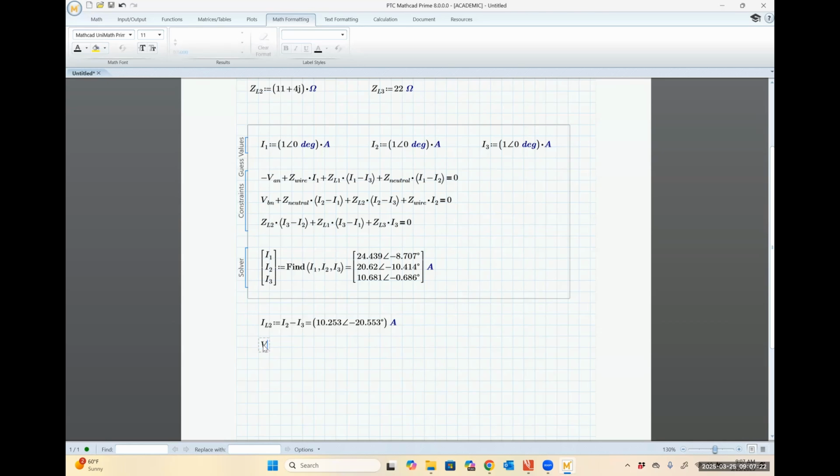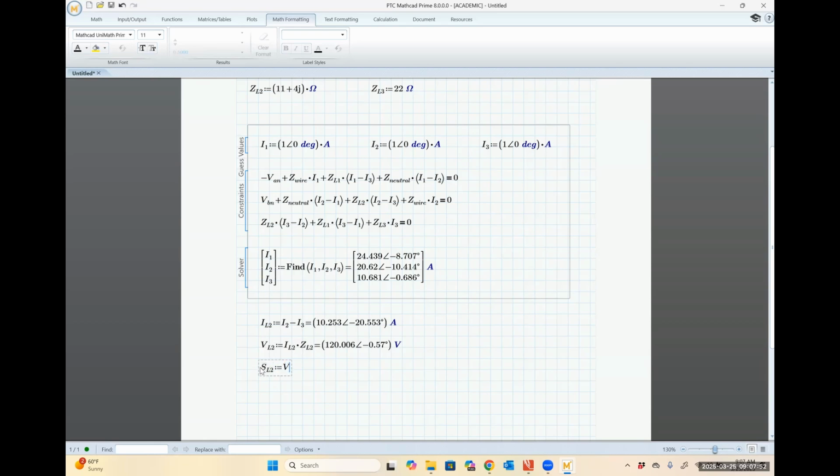And then VL2 is IL2 multiplied by ZL2. So I get 120.006 with an angle of negative 0.57 degrees volts. And then lastly, I'm going to calculate my complex power.